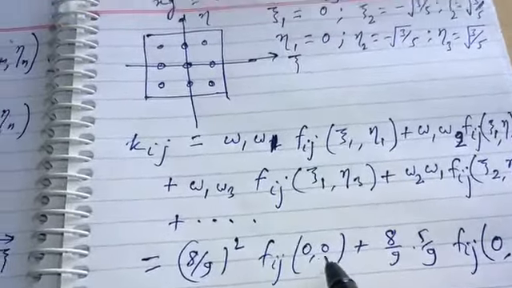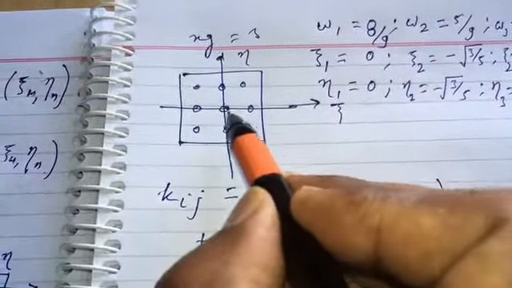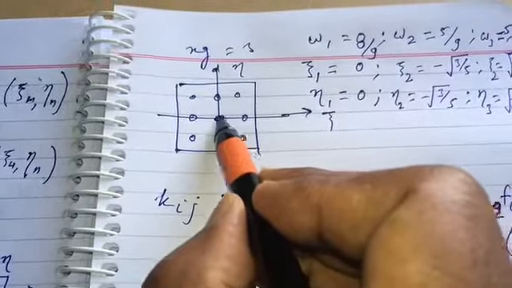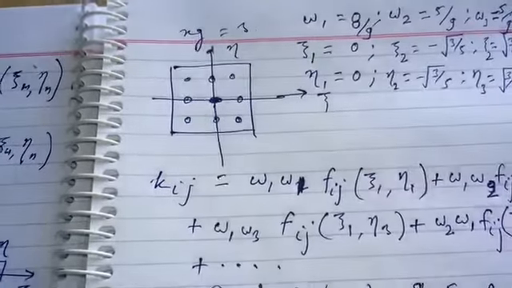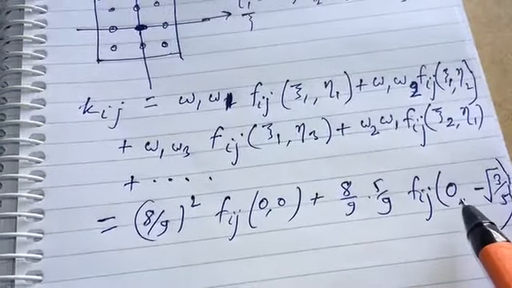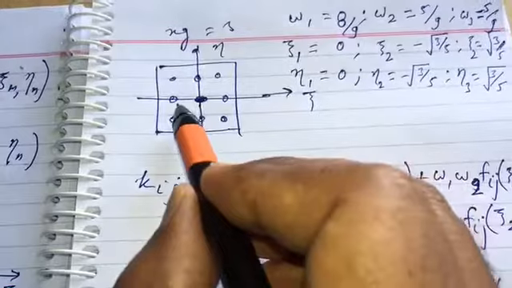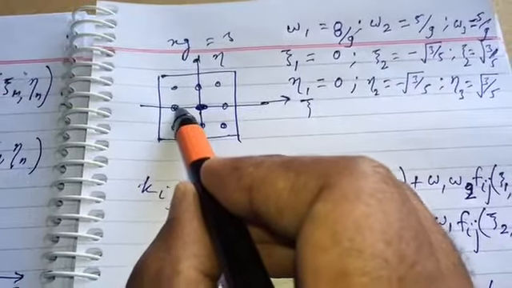So this point is the first point we are talking about. Now 0 minus root 3 over 5, this is the one we are talking about.